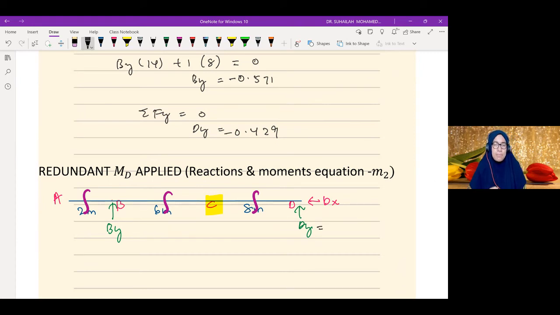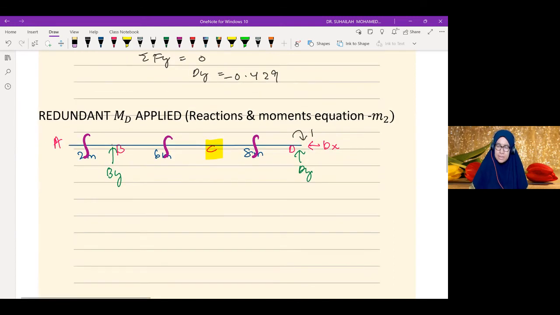We have to apply moment at D equal to 1 and calculate By and Dy.